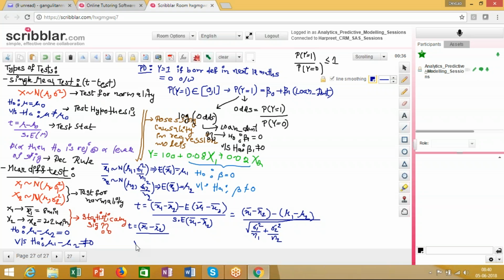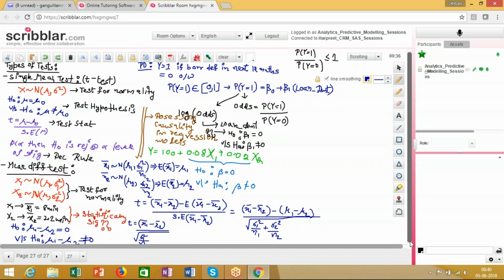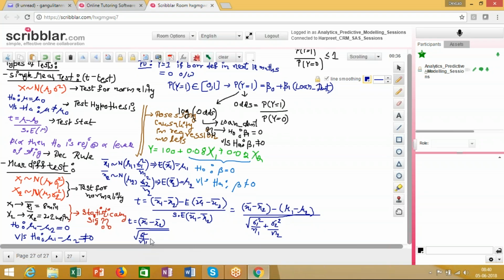So after this, this is how the test statistic looks. This is what the test statistic is.